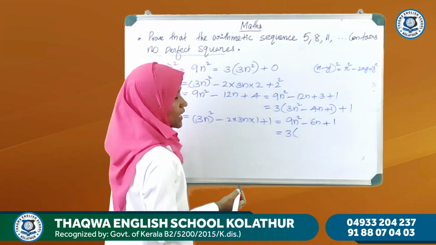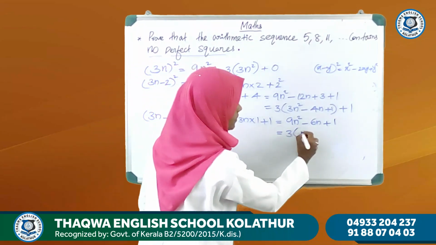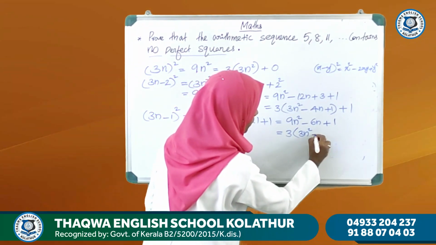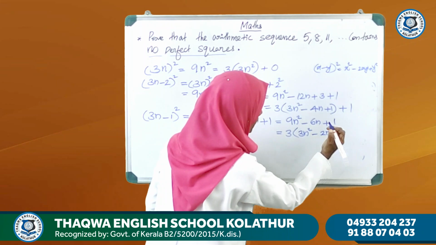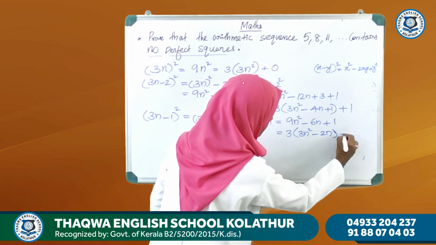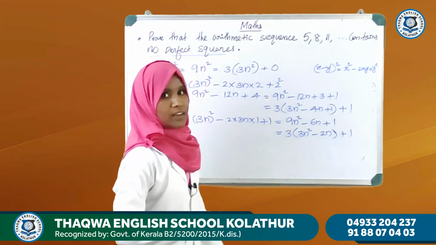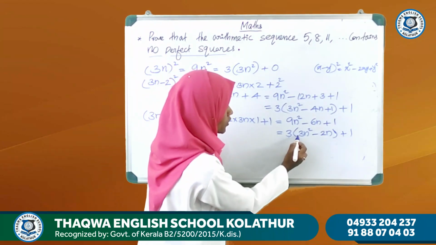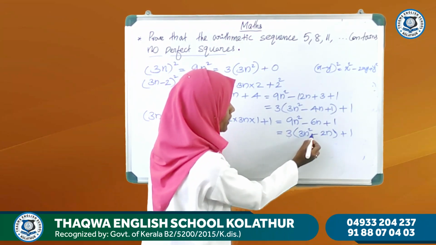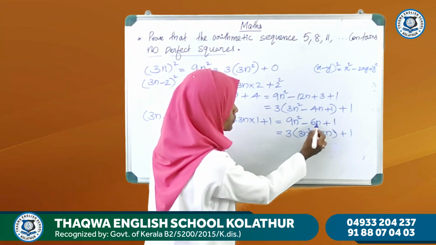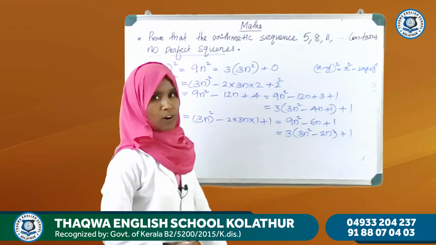If we take 3 outside, 3n square minus 2n plus 1. 3 into 3, 9n square, minus 3 into 2, 6n, plus 1.